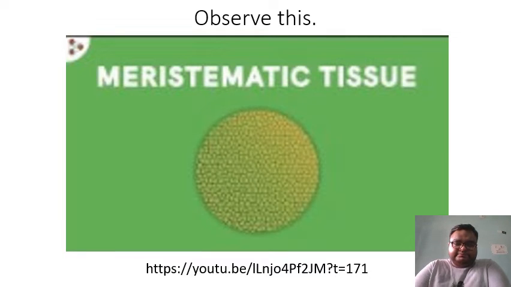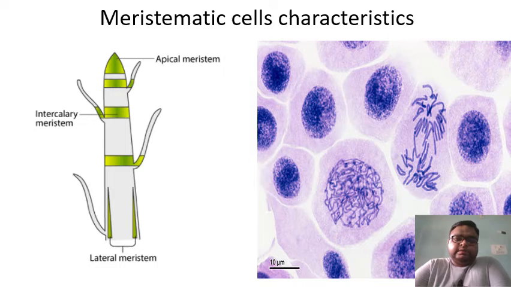Tissues are not differentiated into any specific type. Here is a picture of different types of meristematic tissues. All of the meristematic tissues are the same inside. It is having some properties. I'll just let you see this picture.